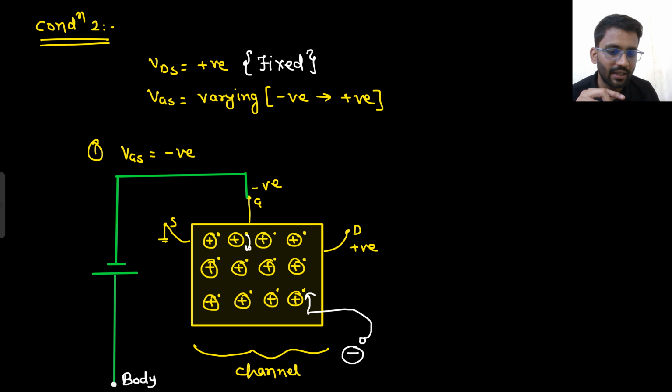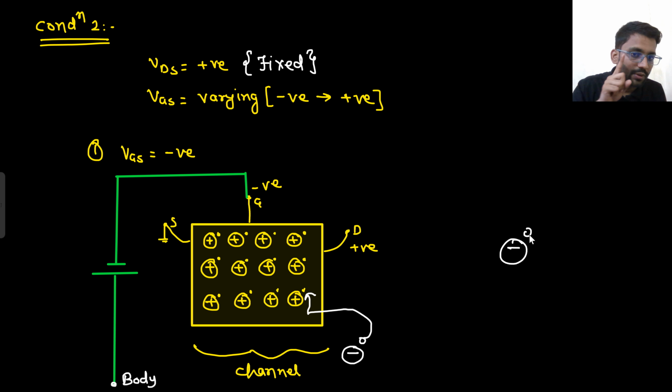What can be the other way? You are applying a battery. From here, holes are going there, and you can say that positive supply is there, and in the substrate we are having p type. In the p type, these holes will feel the repulsion. So these holes will go into the channel and recombine with the electrons. Because of that, the channel is getting depleted of charge carriers, and there are fewer charge carriers.